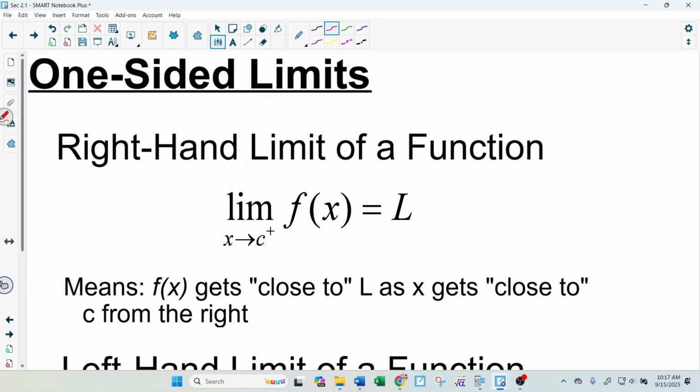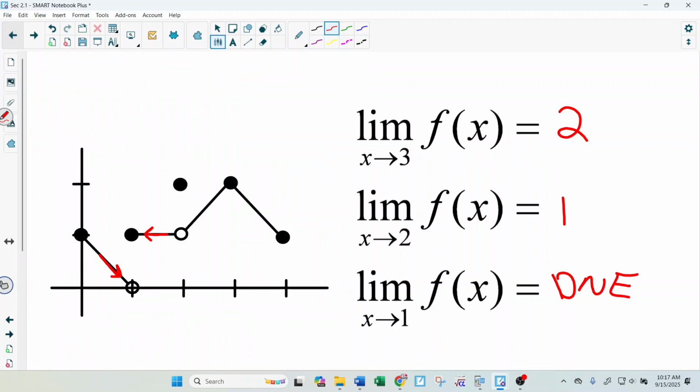So that's as you approach from the right. Now, understand, if you're approaching from the right, you're actually moving left, but you're approaching from the right side.